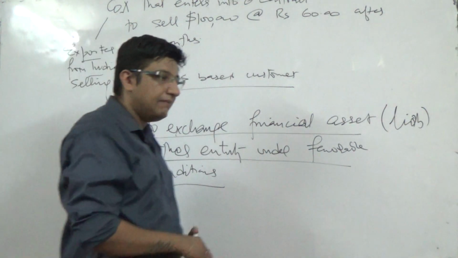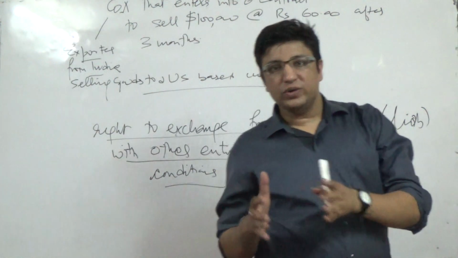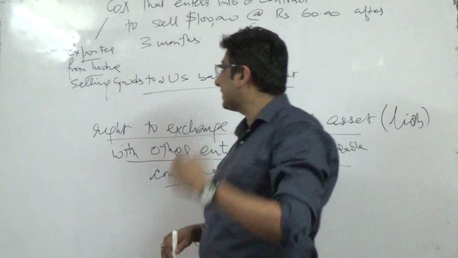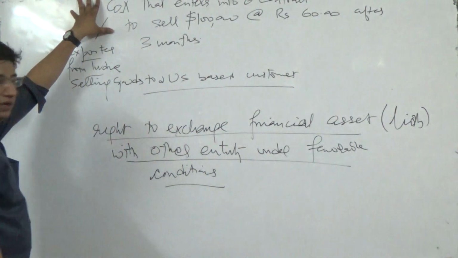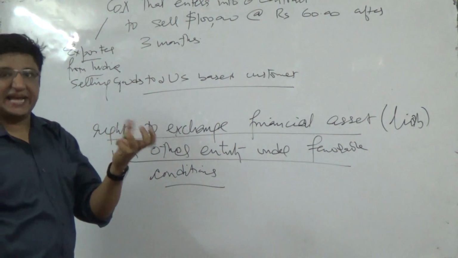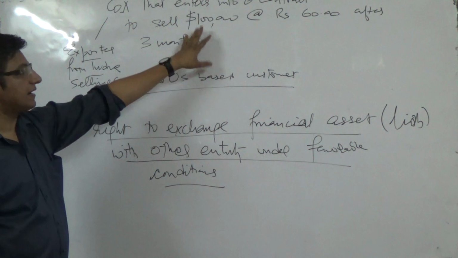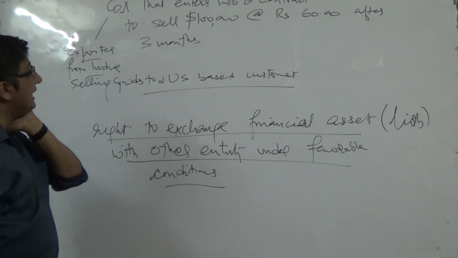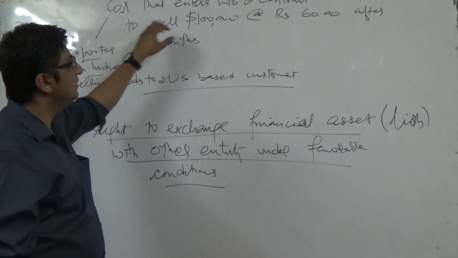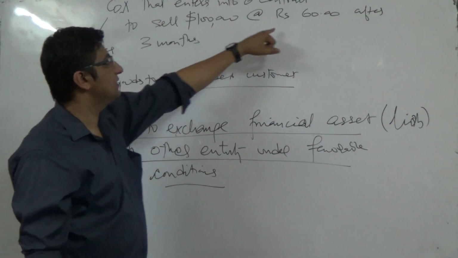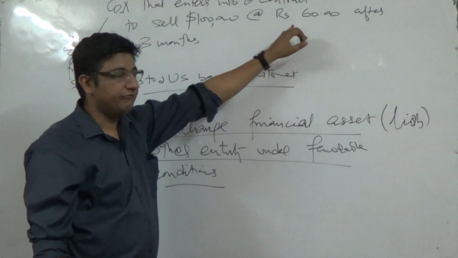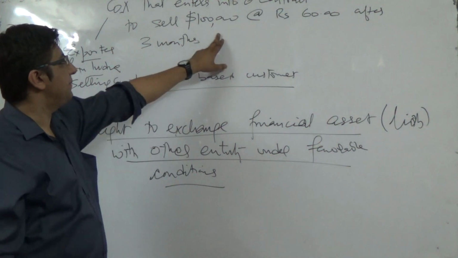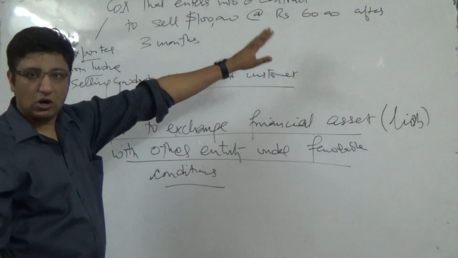So the company is concerned that if the USD rate declines, they would land up in a loss. To hedge itself from that currency risk, the exchange rate risk, the company enters into a contract with a bank wherein it will sell these many dollars at rupees 60 after 3 months. So there is a maturity time, but today the company has entered into this particular contract with the bank.